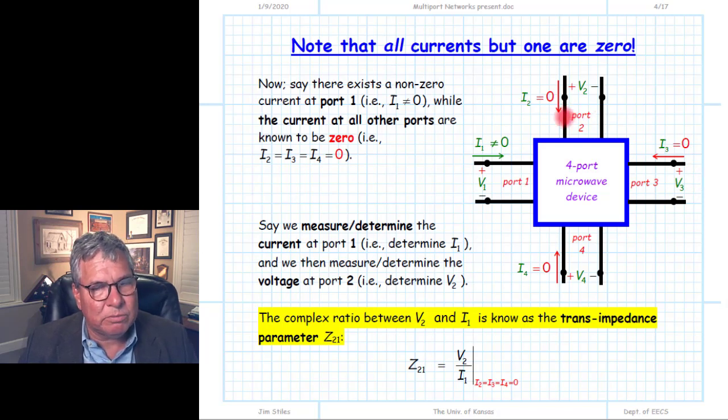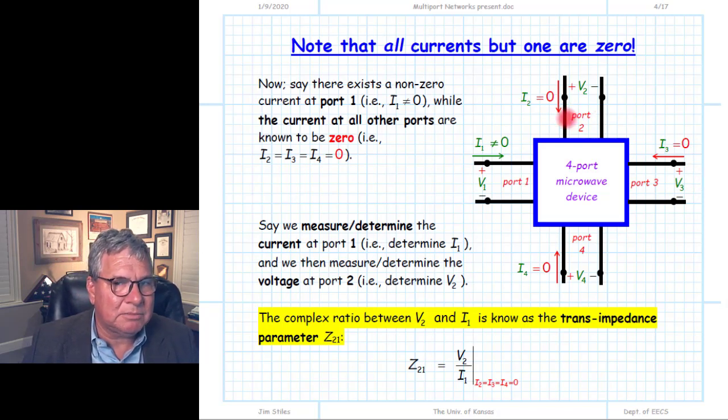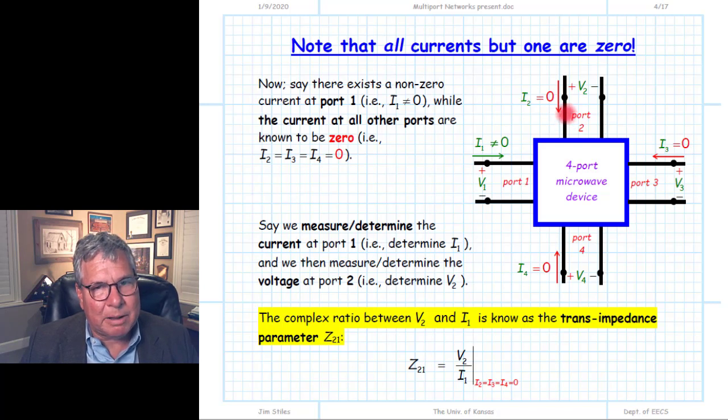And this is a very important point and one which students sometimes flub up on. What we're really doing here, by setting all the other currents equal to zero, is ensuring that the voltage at V2 is due to the current at I1.